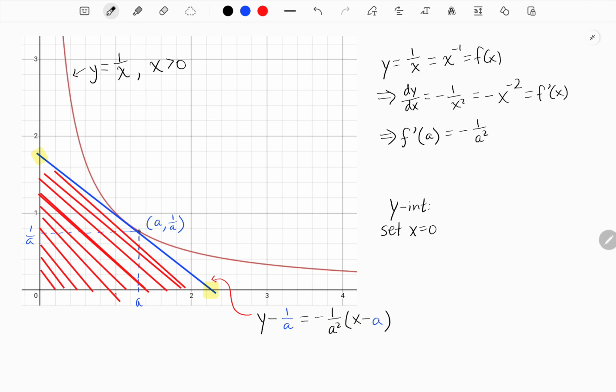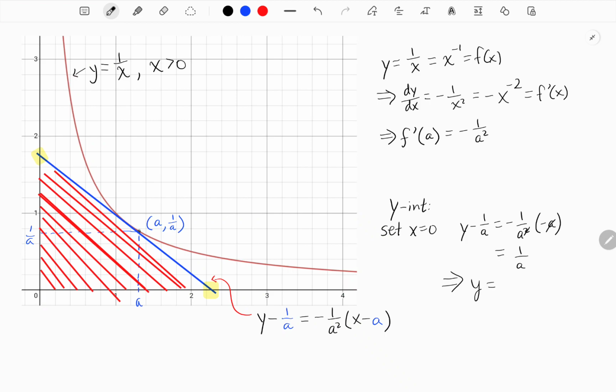So when we set x equal to 0, then we get y minus 1 over a is equal to negative 1 over a squared times negative a. This can be simplified to just 1 over a. The negatives cancel out, right? And then the a and the a squared in the denominator cancel out, so we're left with 1 over a.